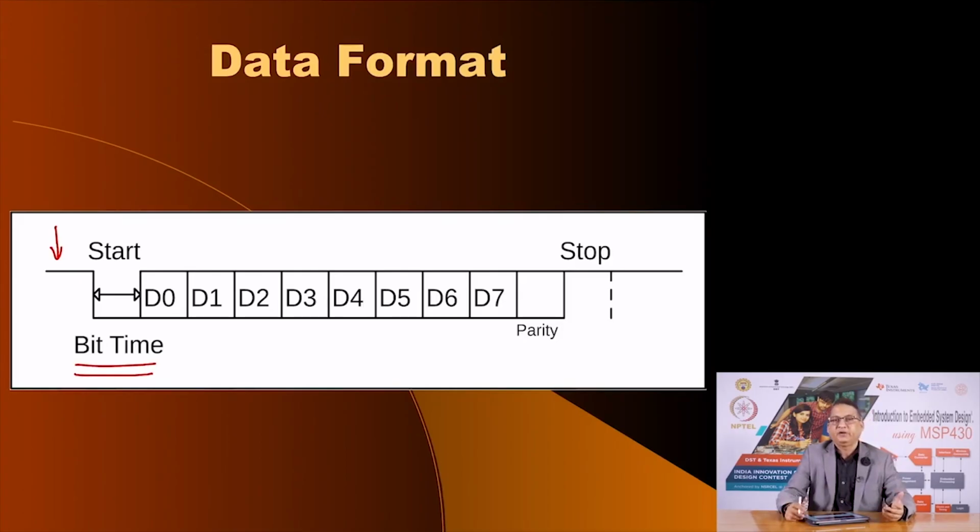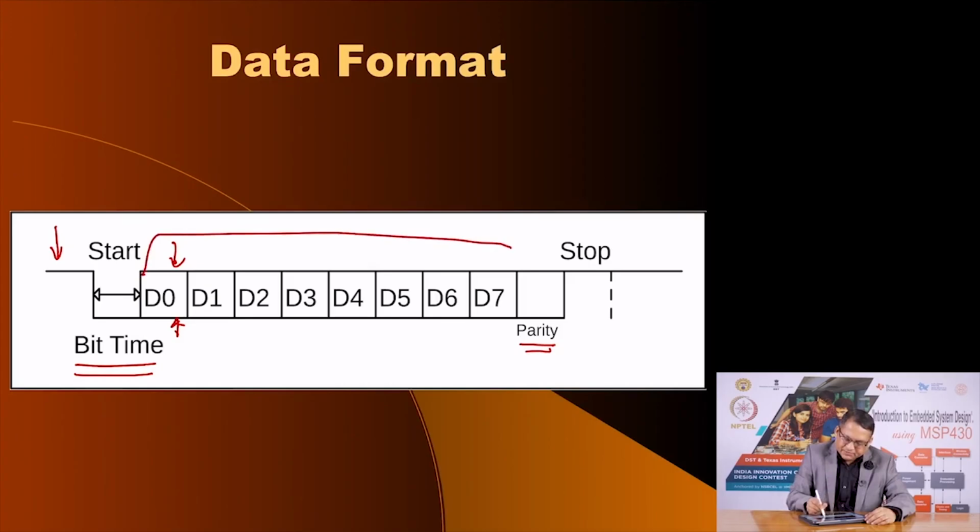Then, depending upon the value of the actual data bit, bit 0, that bit can go high or it can remain low depending upon the value of D0, and so on and so forth, and you are going to transmit D0, D1, D2 all the way till the last bit. Then, the parity of these bits can be added at the end of this. After that you will add a stop bit which is of logic high, and when the stop bit ends you can start a new transmission.